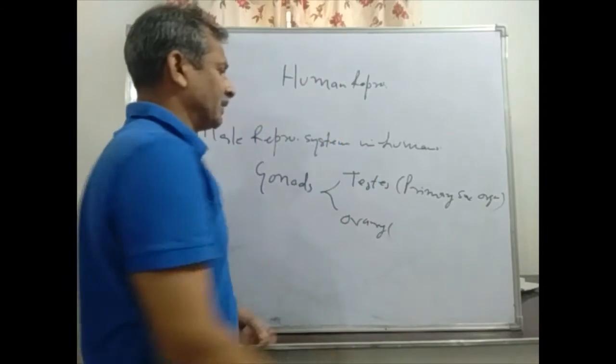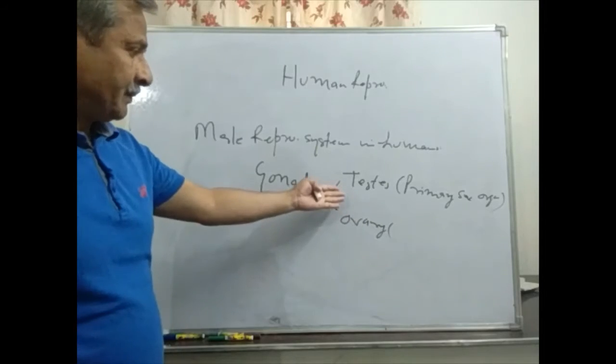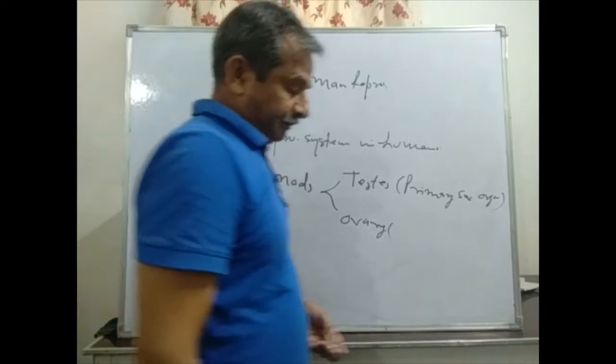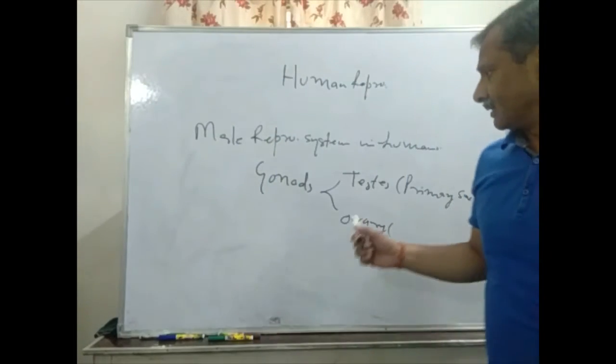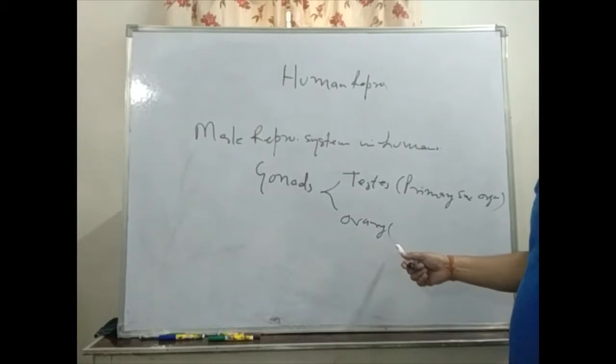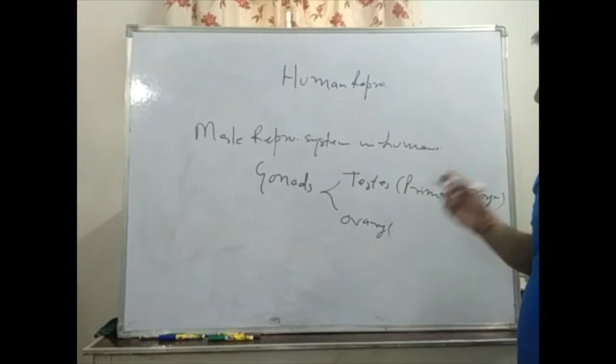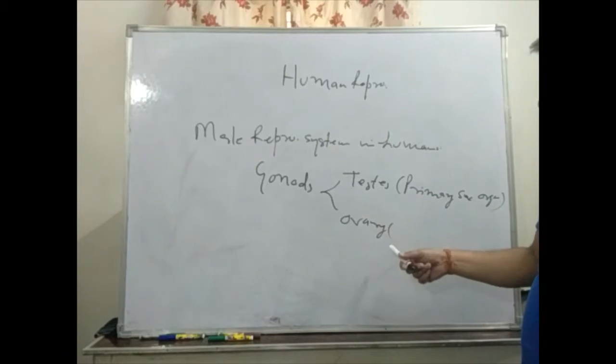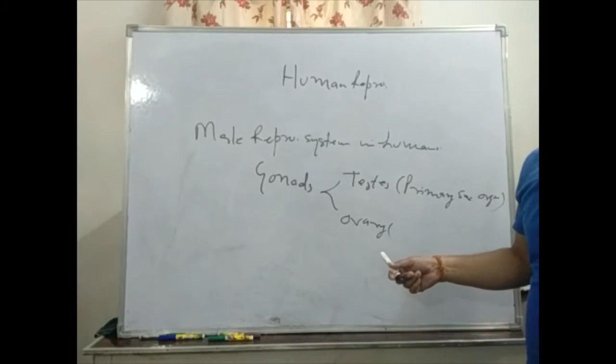Why do we say primary sex organ? Because these are the structures, the testis and ovary, where the sperms and ovum are produced.